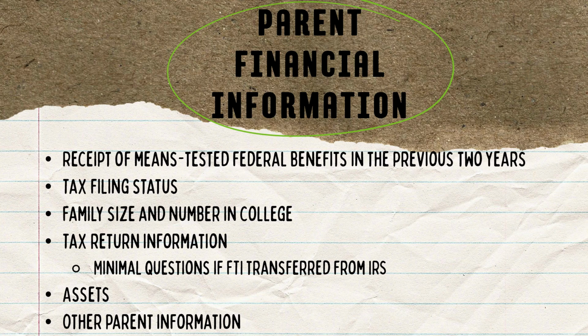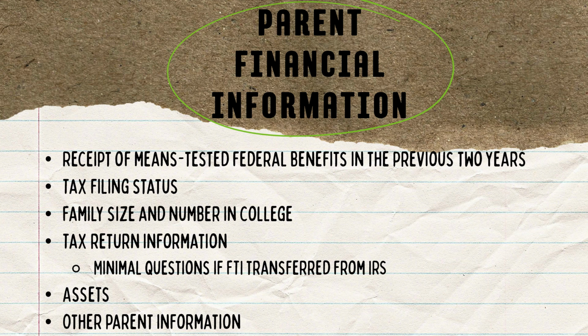Parent financial information includes the receipt of means-tested federal benefits in the previous 2 years, tax filing status, family size and number in college, tax return information, and there will be minimal questions if the FTI is transferred from the IRS. Assets and other parent information.